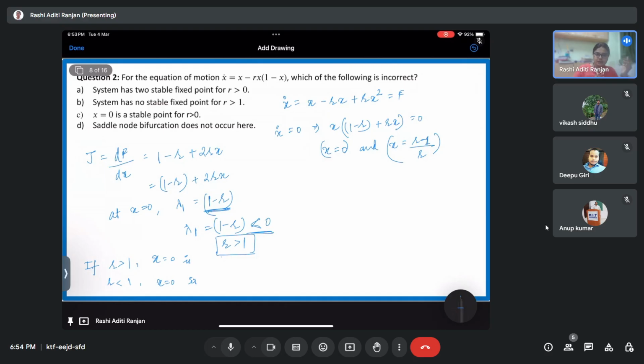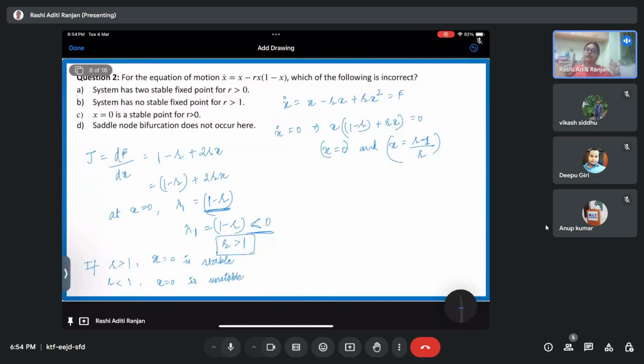So for r greater than 1, it is going to be stable. And if I take r less than 1, maybe 0.5, then my eigenvalue is going to be 0.5. Or if I take some negative value, minus 5, minus 4, it is going to be a positive value. So it is going to be unstable, right? So now I know the variation of x.